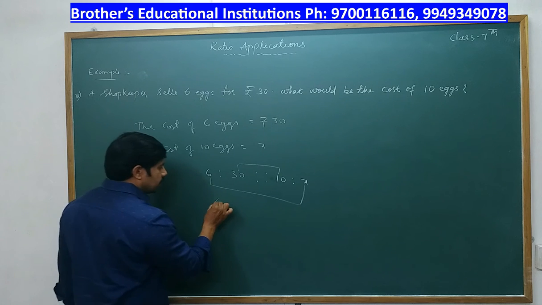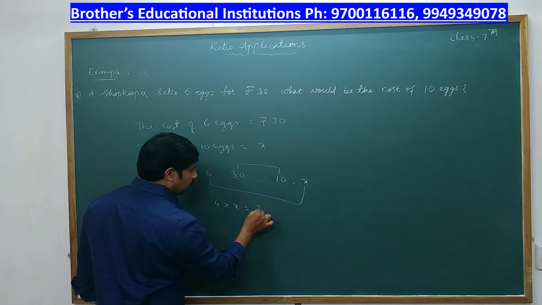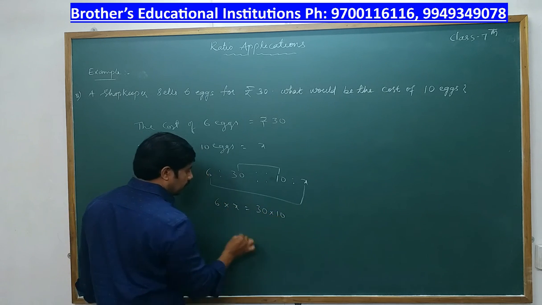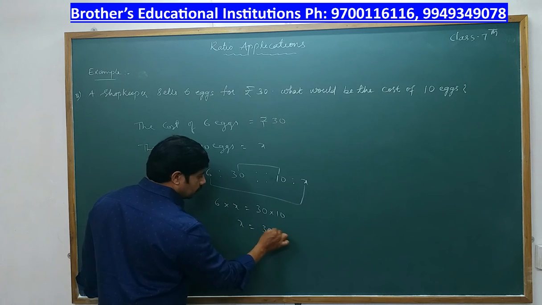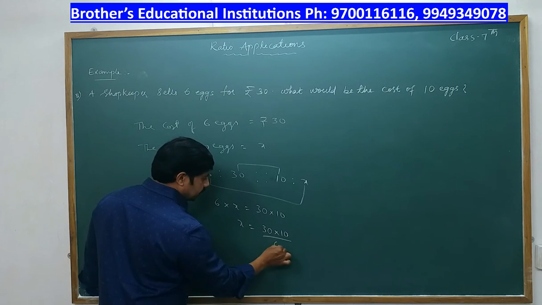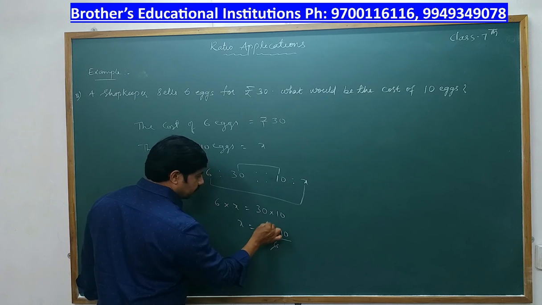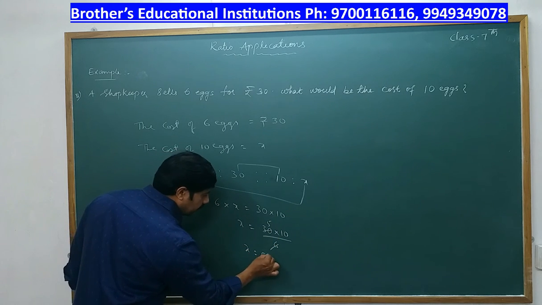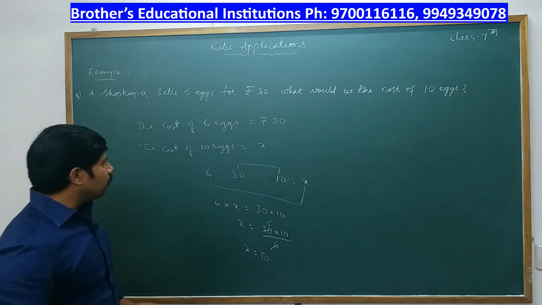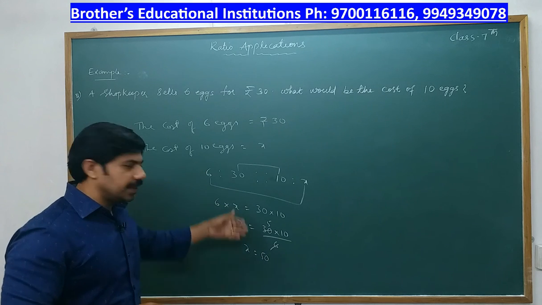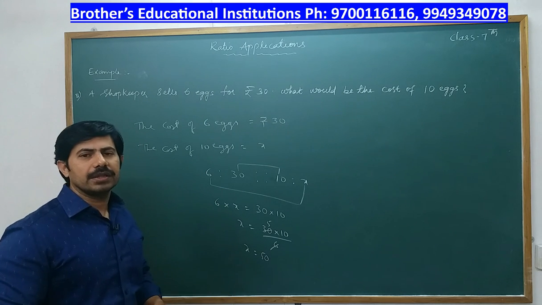So we get 6 into x is equal to 30 into 10. So x is equal to 30 into 10 by 6. 6 ones are 6, 6 5s are 30. So x is equal to 50. Therefore the cost of 10 is 50 rupees. Okay, this is completed.